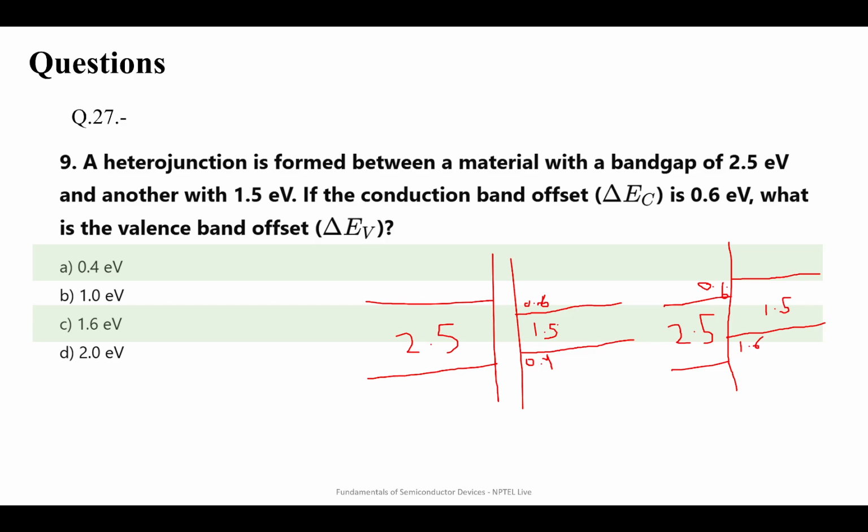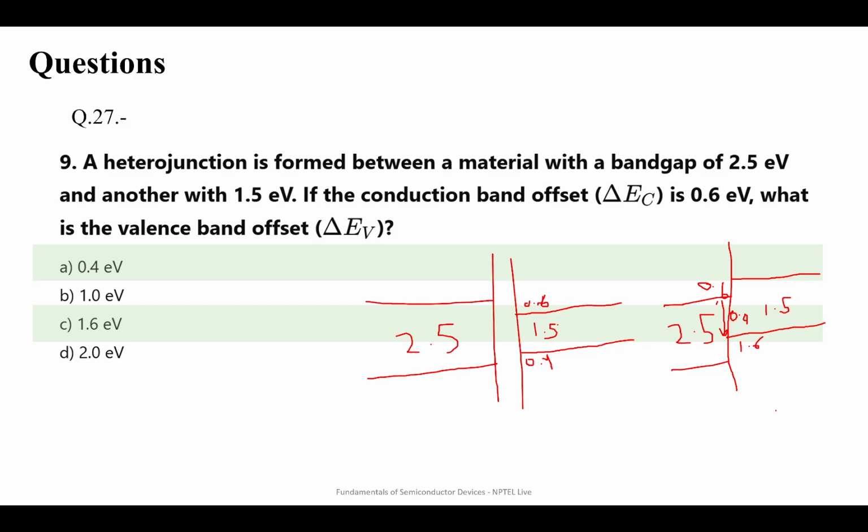Since this is 0.6, now this will be 0.9. This difference is 0.9, and then this difference would obviously be 1.6, because 2.5 minus 0.9 is 1.6. So this is type 2.